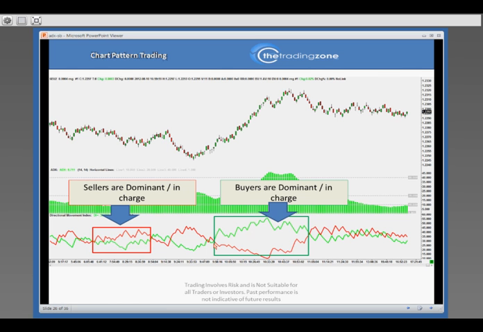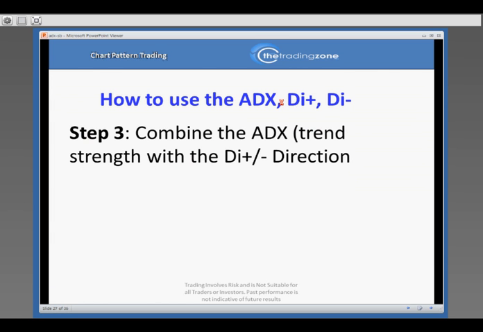You can see how the buyers gained control over here and the market rallied. Let's dig a little bit deeper. Let's look at combining now the two concepts. The ADX, measure of trend, with the direction.